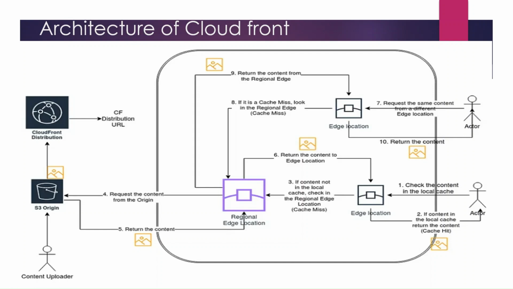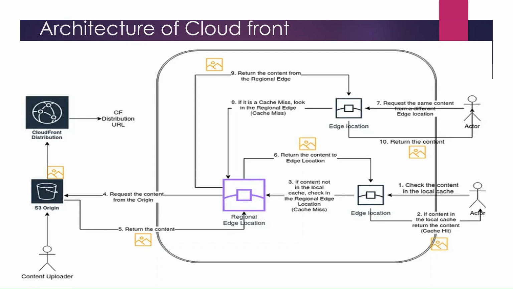So, in simple words, the edge locations are the first stop for the user. If the content is cached there, it's delivered quickly to the user. If not cached, CloudFront checks the regional edge location or finally checks the origin servers.